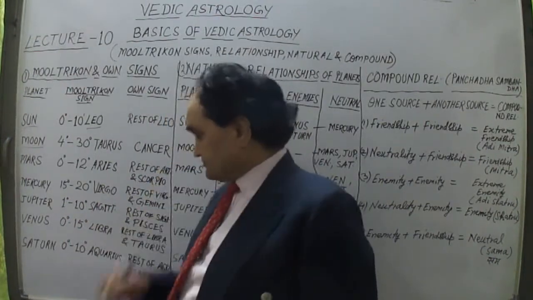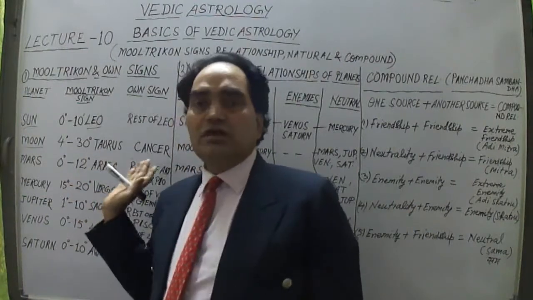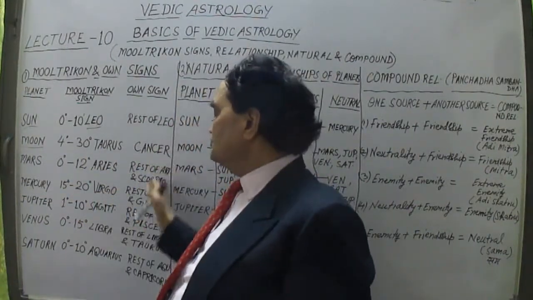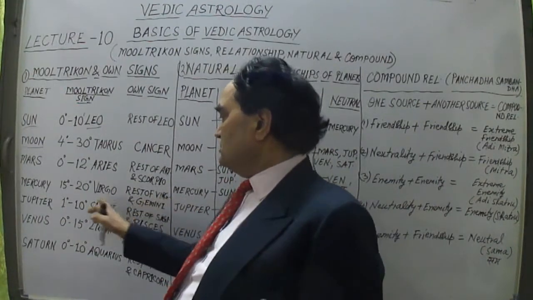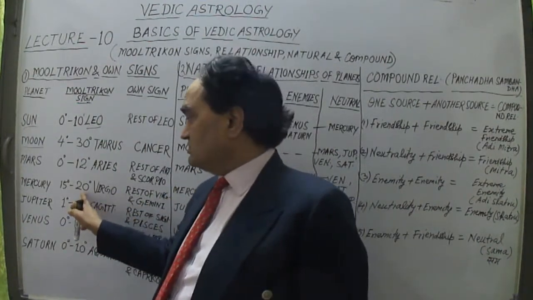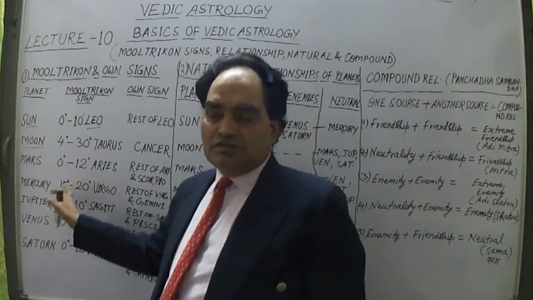So for the rest of the Virgo sign and Gemini, Mercury has ownership, or his own sign. Mercury's own sign is the rest of Virgo, meaning 20 degrees onwards up to 30 degrees, and from 0 degrees to 14 or 15 degrees.